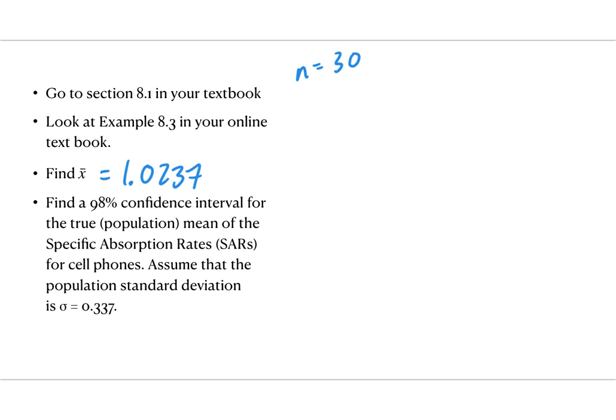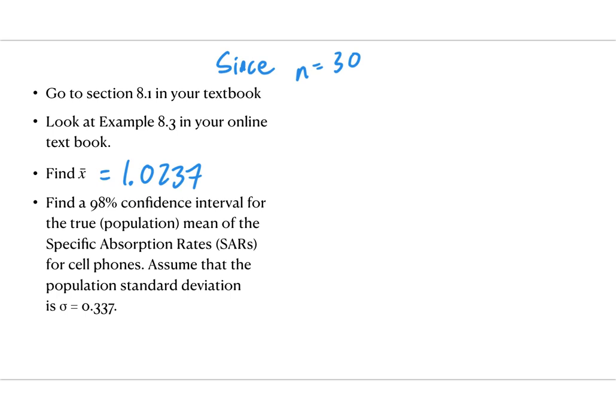So as you're reading through that, did they say the parent population is this, or we can assume that the distribution of SARs is this? No, there's not. So there's no statement about parent population, which means I need to make a statement.